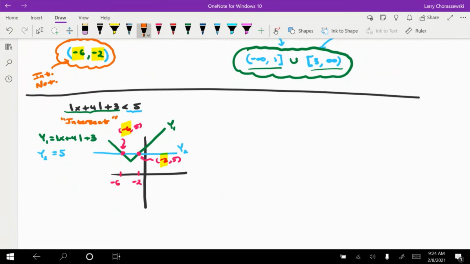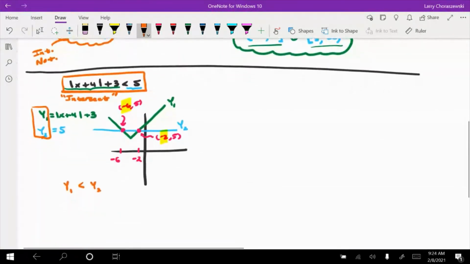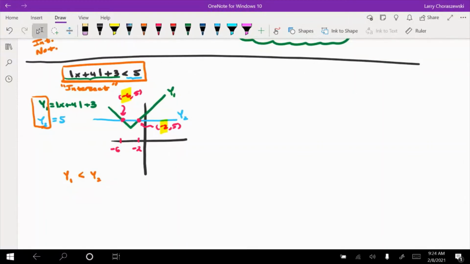Now I'm going to rewrite this inequality that I wrote out in the beginning. Keep in mind that the left-hand side is y1 and the right-hand side is y2, so that inequality can be rewritten as y1 is less than y2, because we defined y1 and y2 as the left-hand side and the right-hand side.